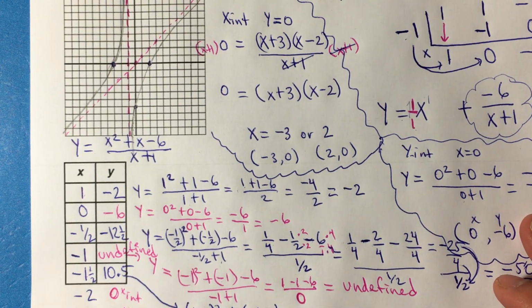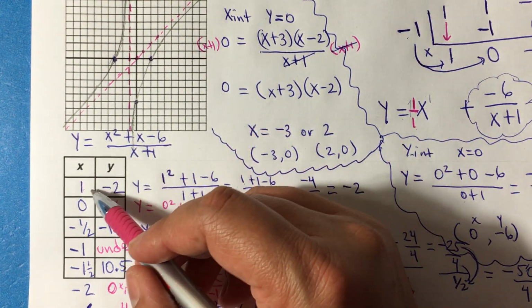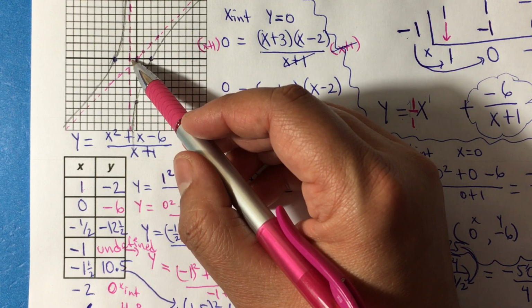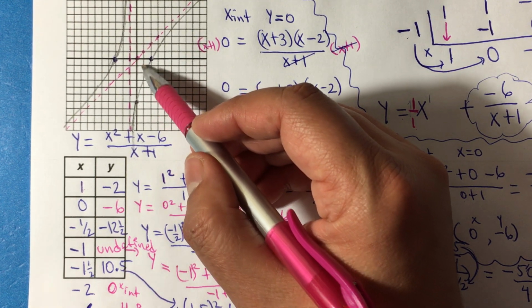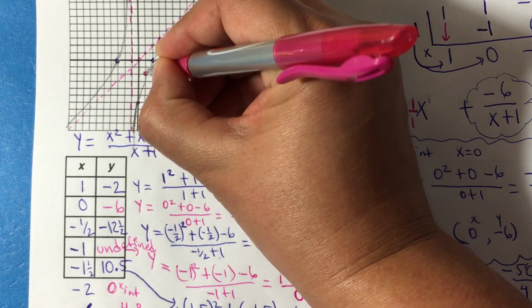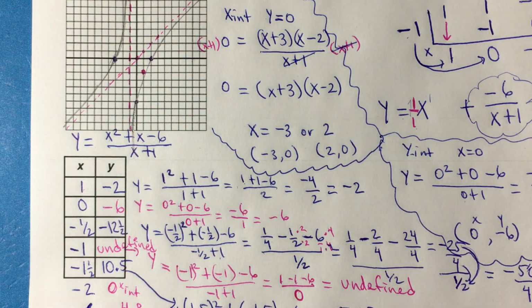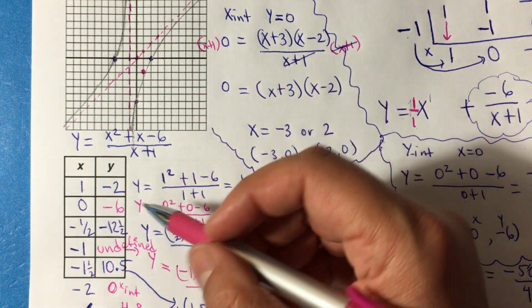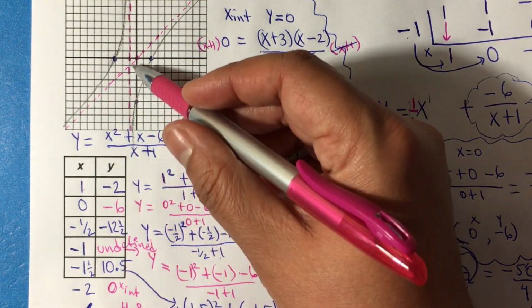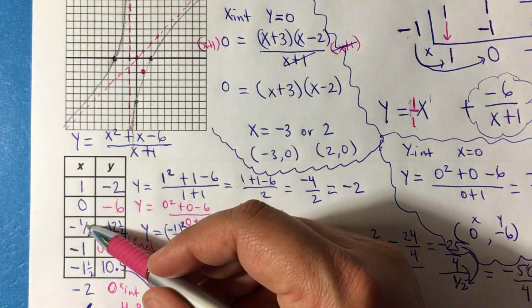Because we already have the graph, but 1, negative 2. So in here we have 1, negative 2. My graph would go through there. So I'm a little off. That's why sometimes you might be asked to do specific points to make sure that you're going through the graph correctly. 0, negative 6, we have that already.